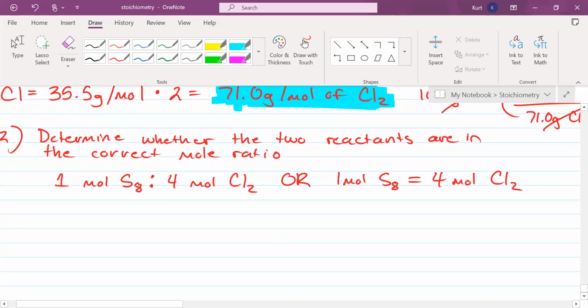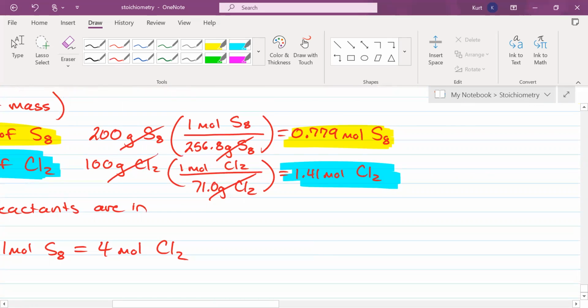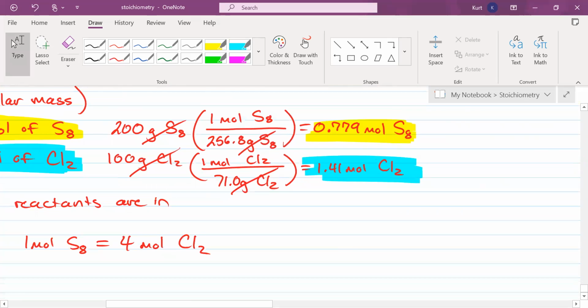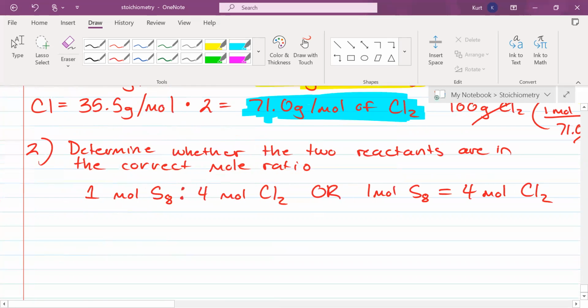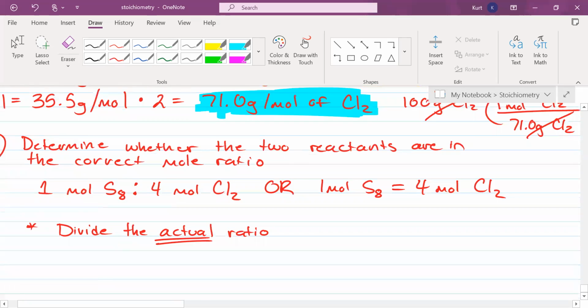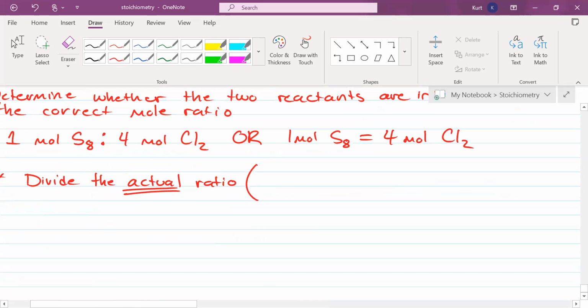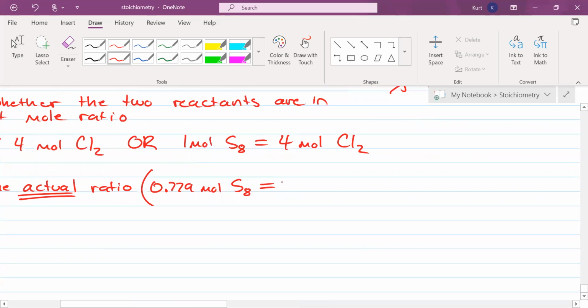So you guys need to take the larger number, which is 1.41 moles of chlorine, and divide it by the smaller number, which is 0.779 moles of sulfur. So I'm going to write that down. Divide the actual ratio. The actual ratio, if you don't see it, that's why you converted, is 0.779 moles of S8 is equal to 1.41 moles of chlorine.